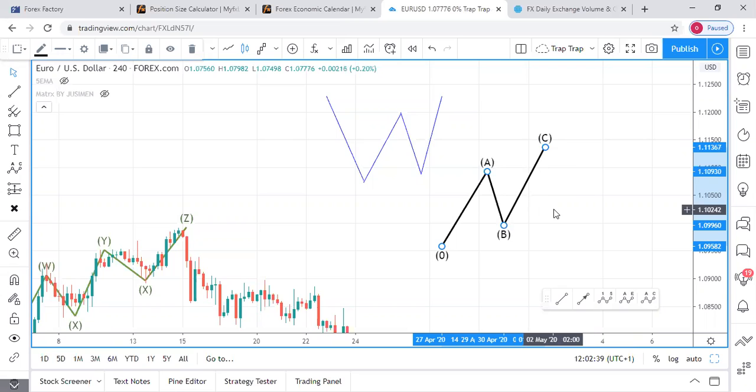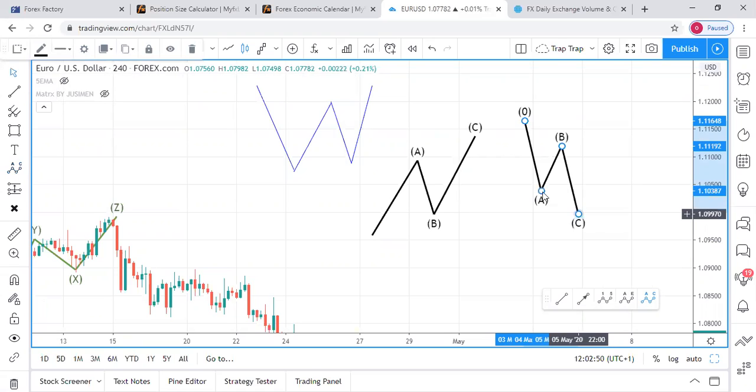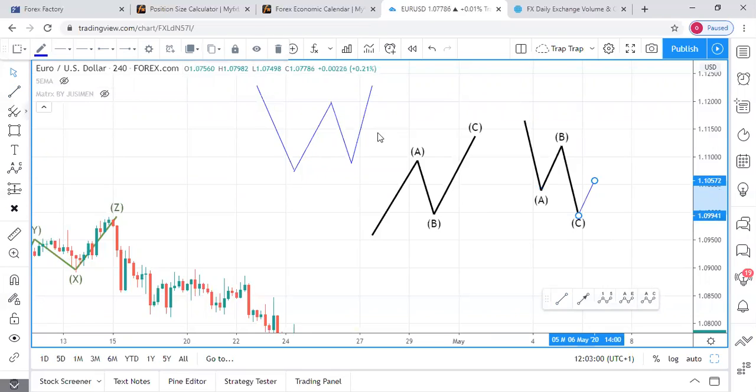And for a downtrend, you want to see B not taking out 0, then you want to see C taking out A, then you can say, okay, now the downtrend has begun. You will now be waiting for an opportunity to trade this one down.